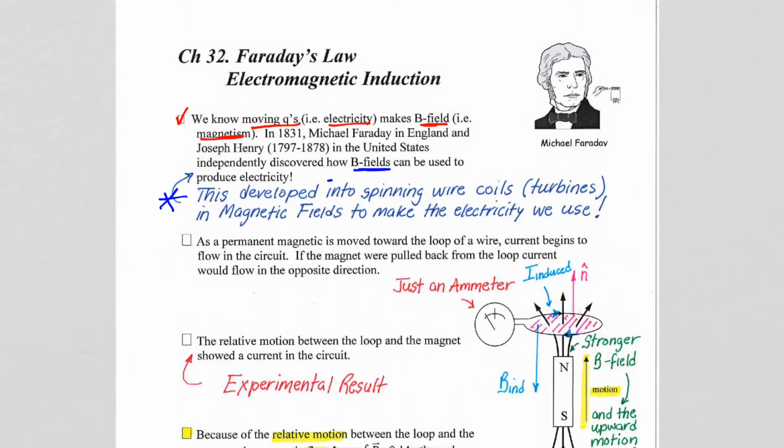This concept of electromagnetic induction developed into those spinning wire coils that we call turbines, where we spin wire coils in magnetic fields and electricity is made, which ultimately was developed into the electrical grid and system that we use to power our homes.